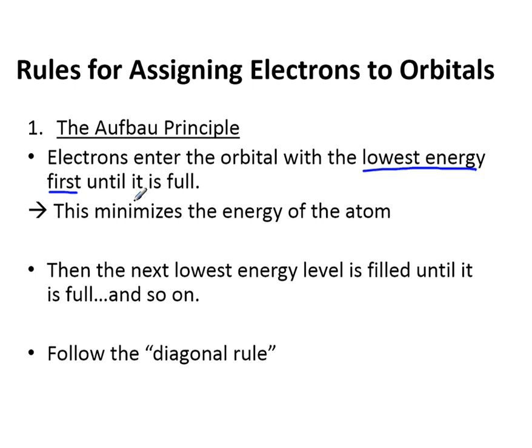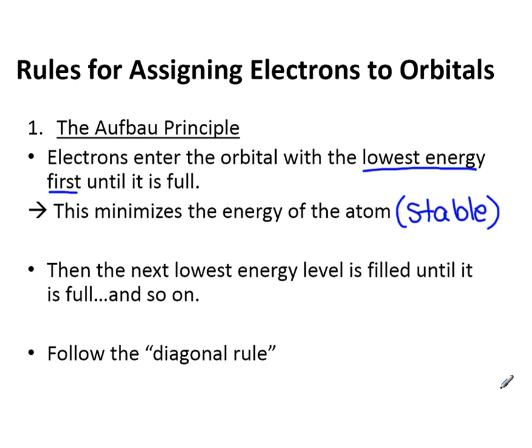The whole purpose of doing this is to try and minimize the energy that the atom has or stabilize it. So whenever you see the term minimize energy, we want to think it's going to stabilize or make the atom its most stable arrangement.